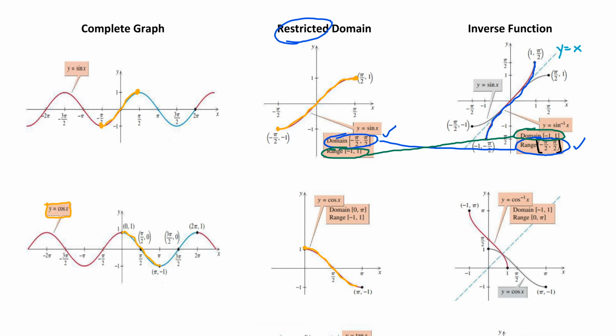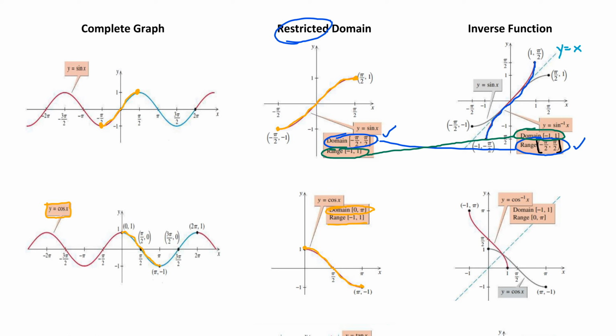That is, this piece passes both the vertical and horizontal line test. So we're going to restrict the domain from -∞ to ∞ down to this subinterval from 0 to π. Notice on this interval, cosine will exhibit all of its possible y values in the range between -1 and 1.